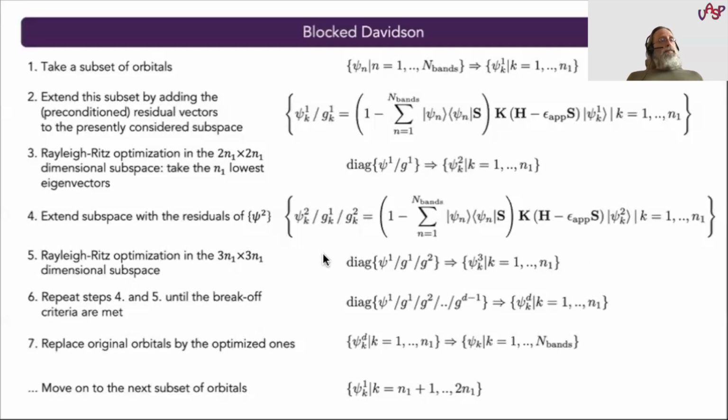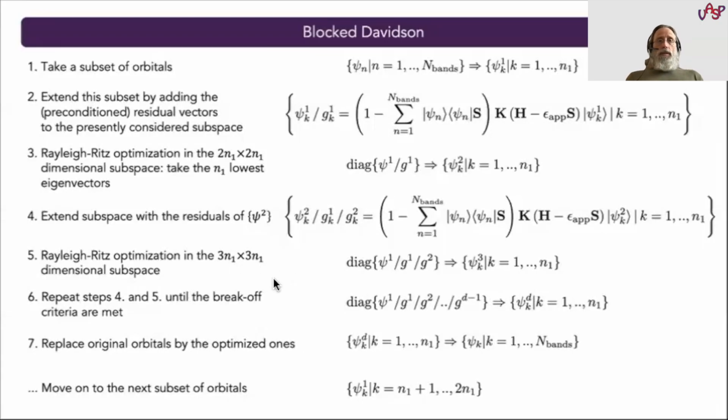Now, if you continue increasing the subspace this way, at some point, the lowest eigenvectors of this Rayleigh-Ritz optimization will be exact eigenvectors of the Hamiltonian. Now, in practice, we do not do this indefinitely until they're completely exact.